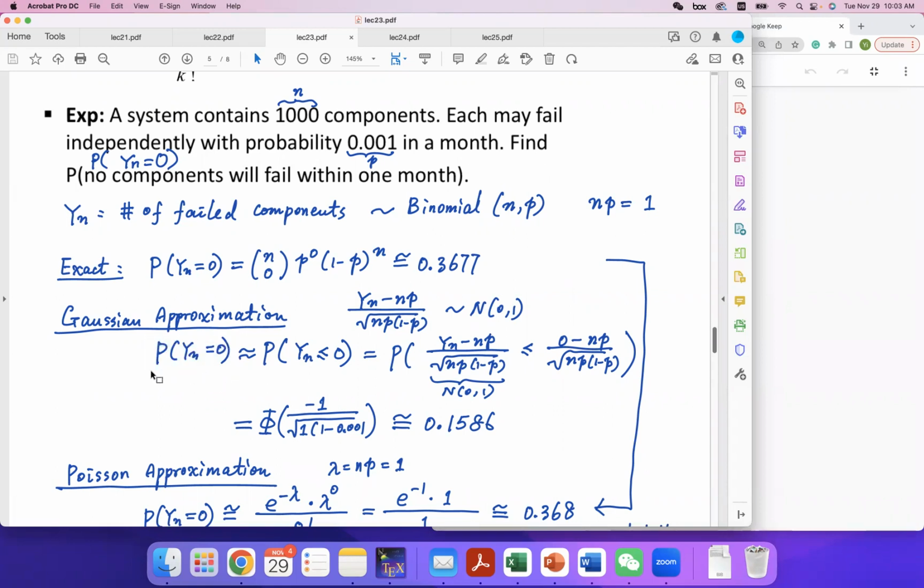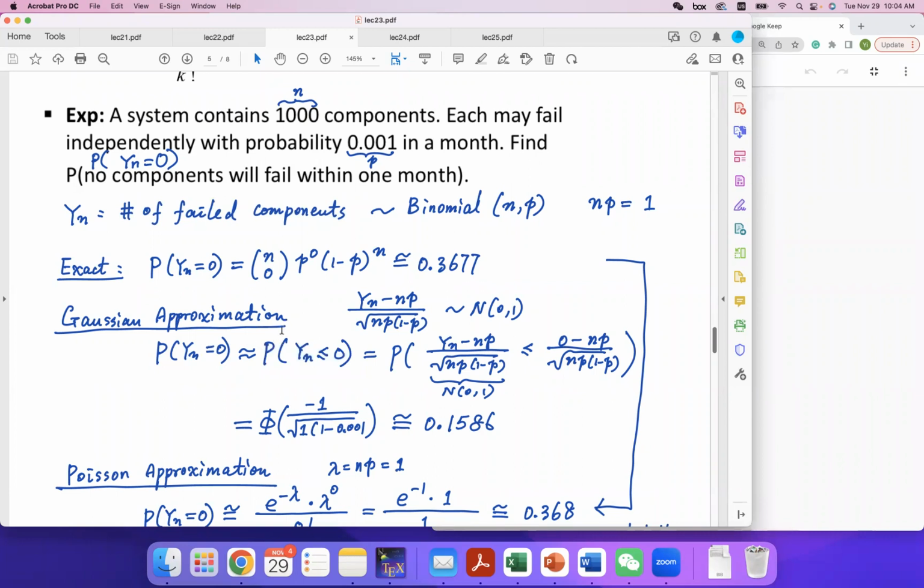This is the original probability that we are looking at. Because Yn is the number of failed components, it must be non-negative. So this is equivalent to saying that Yn is less than or equal to 0, because Yn can never be negative.